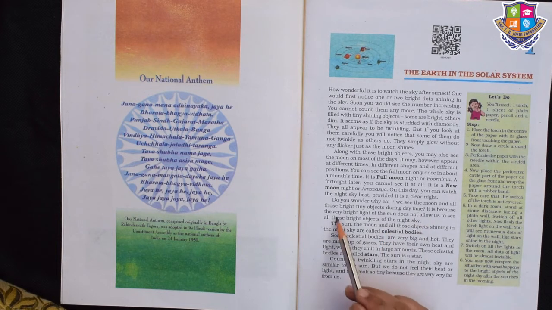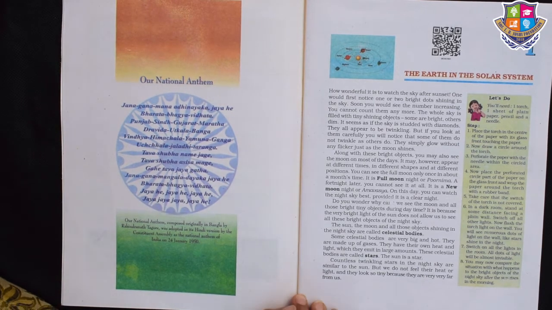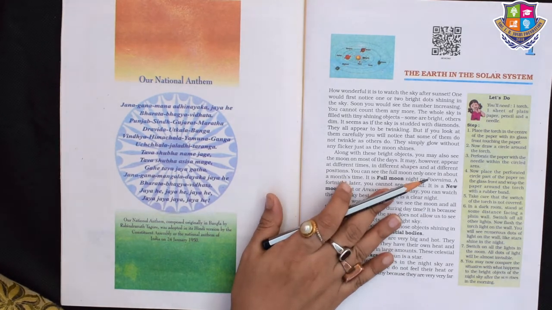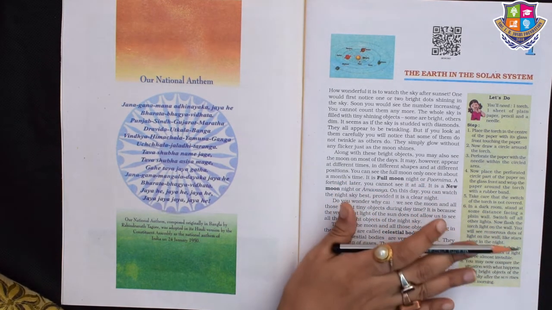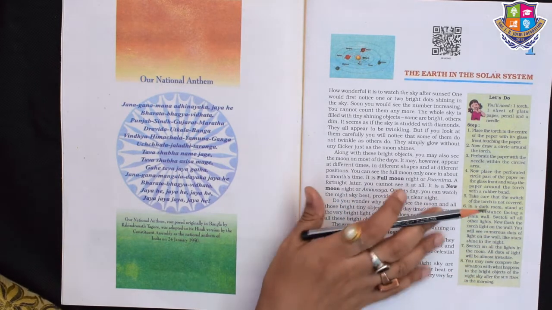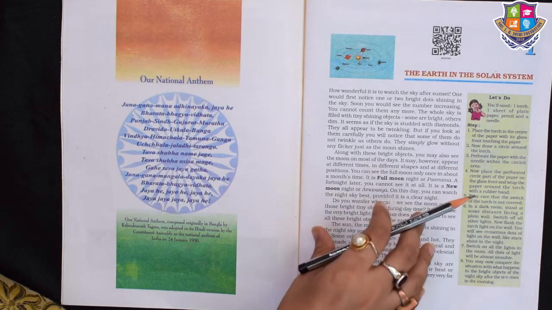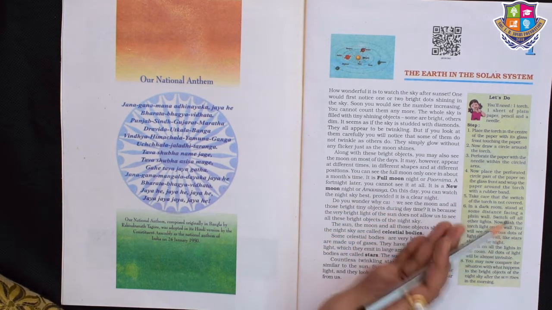It is because the bright light of the sun does not allow us to see all these bright objects of the night sky. But in the daytime also, the moon appears in the sky, and the stars are also present in the sky. But because of the bright rays coming from the sun, it is impossible for us to see the moon and the stars in the daytime.